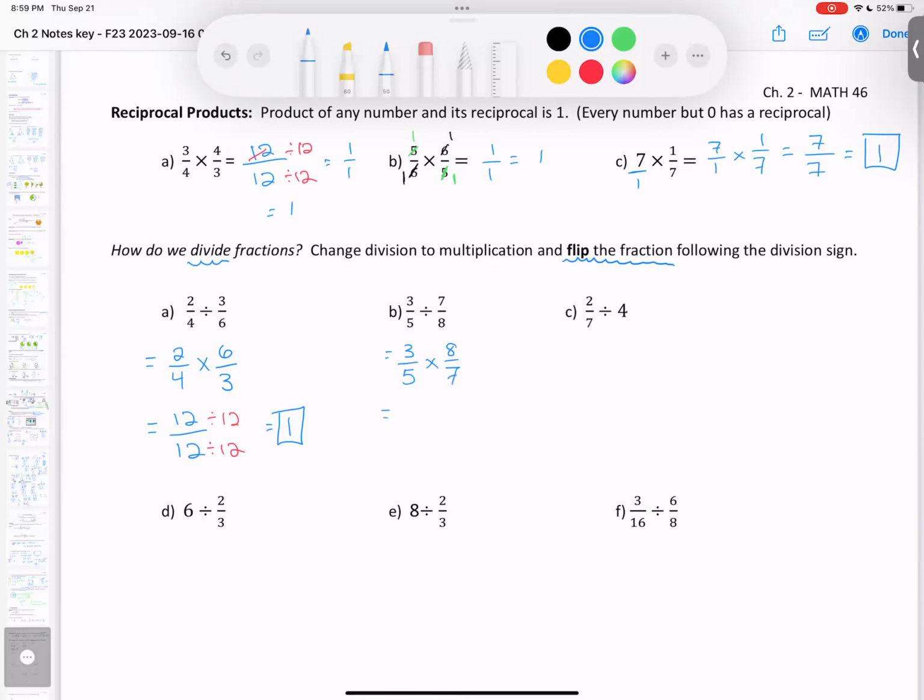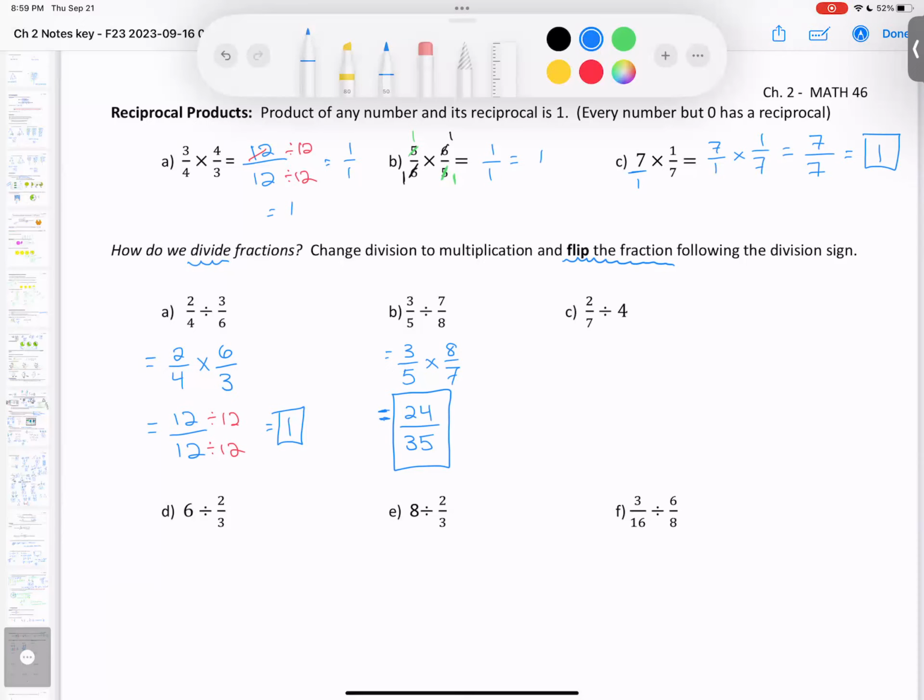So numerator times numerator gives me 3 times 8 is 24. Denominator times denominator, 5 times 7 gives me 35. Because there were no common factors, I know this is in its lowest form, but if you wanted to check, remember you could always look for the GCF of 24 and 35, and you should find that your answer is 1. In other words, there are no common factors there.